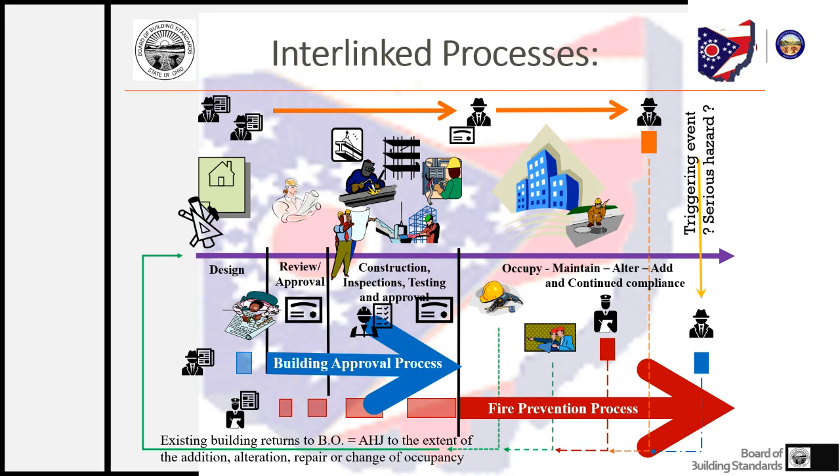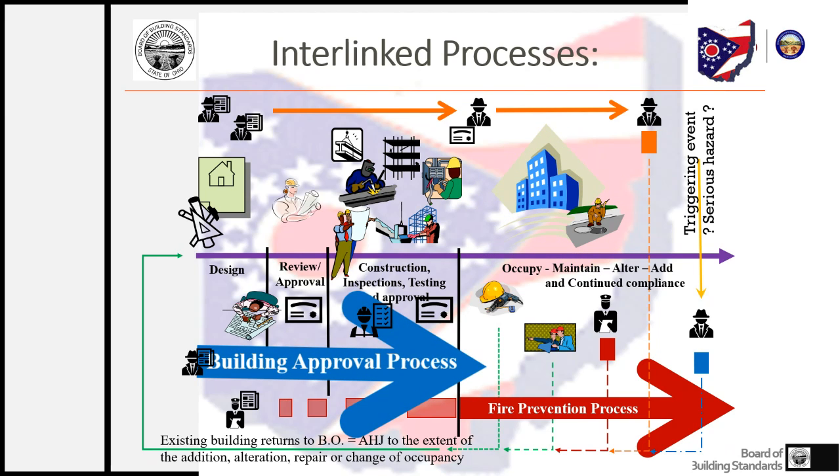And it's all about the owner wanting to build and occupy, use a building for their purposes. And we want to make sure it's safe and sanitary. We will be focusing on the Ohio Building Code and the building approval process represented by the blue arrow, and primarily goes from late in the design process through the construction and occupancy.